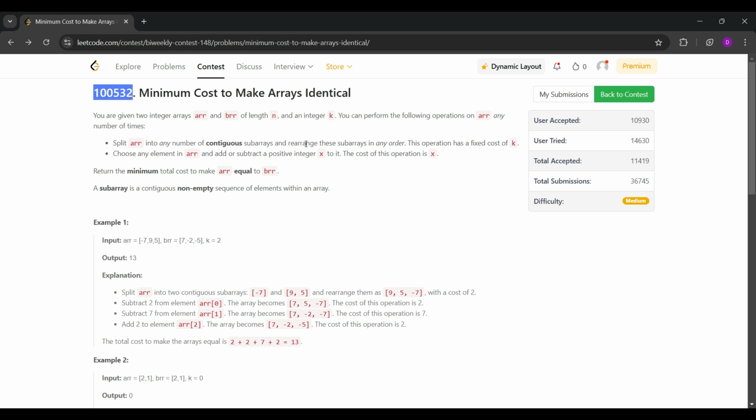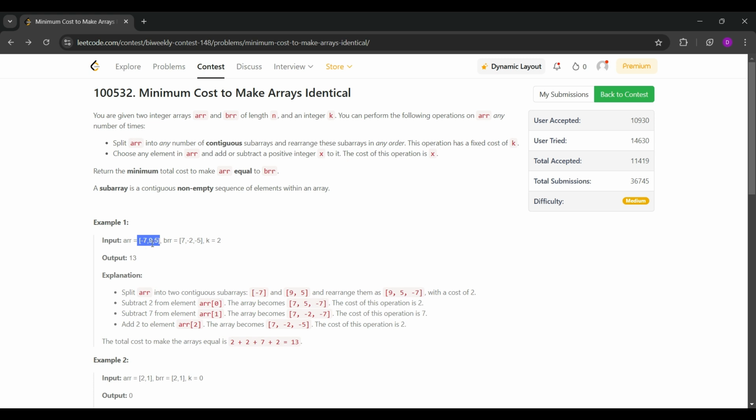Now you can perform two types of operations. First, you can split the array into any number of contiguous subarrays and rearrange them in any order, and the operation has a fixed cost k. Let's say you are given an array like this: minus 7, 9 and 5.